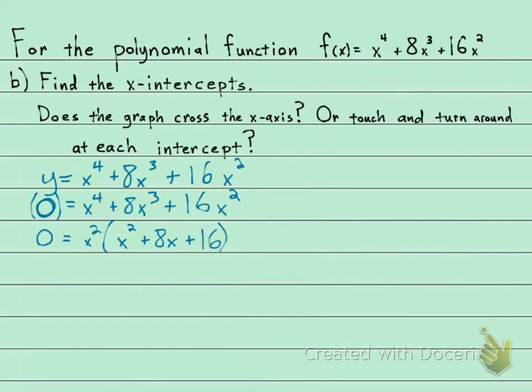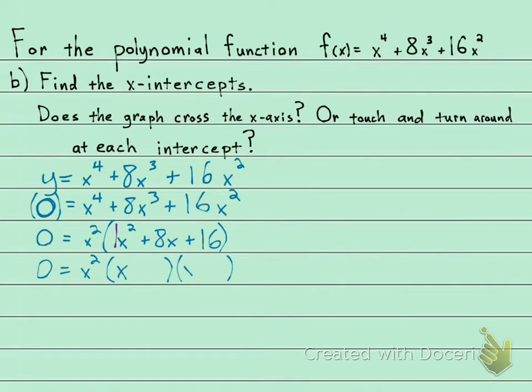All right, and next I'm looking at this trinomial inside the parentheses, and I'm going to factor that. This is what's called an easy trinomial because it begins with a 1. That means I can go straight to my two binomial factors.